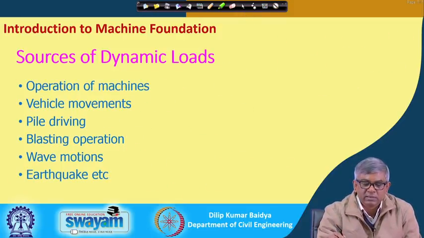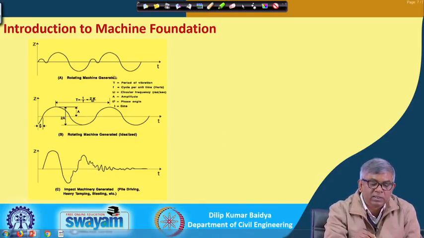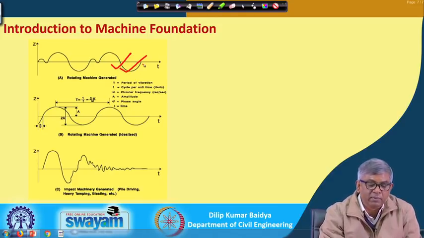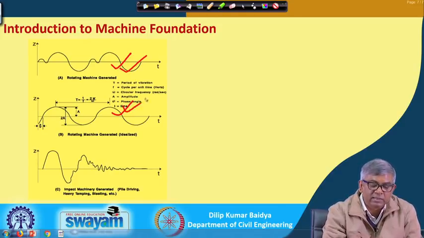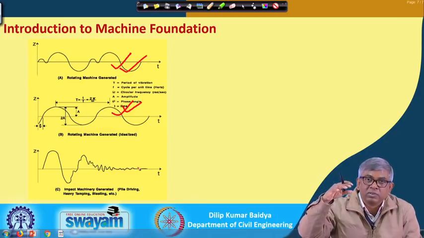Next part, I have shown already. Again, a repetition: for a rotating machine, generally the force will be like this with time, and that can be idealized as harmonic. If you idealize this way, it will be easy to analyze. Another case is impact machines, for example a forging hammer.